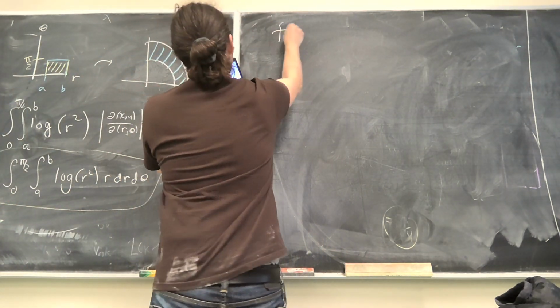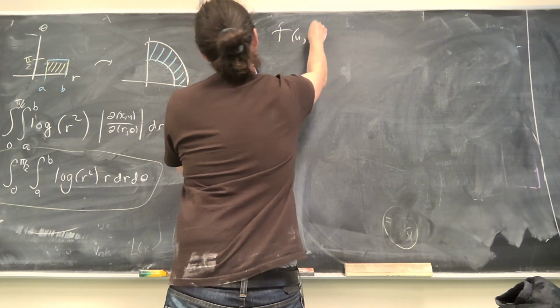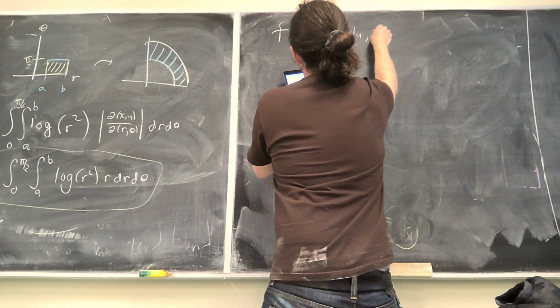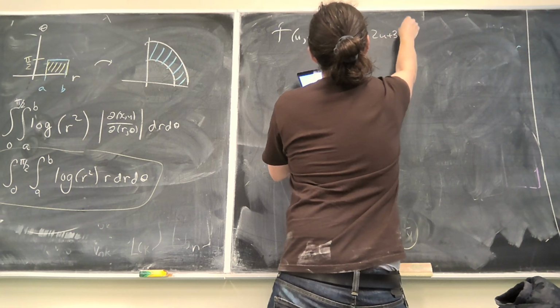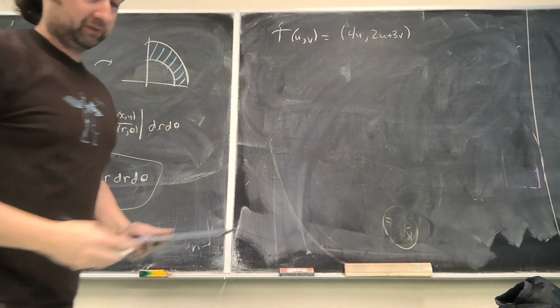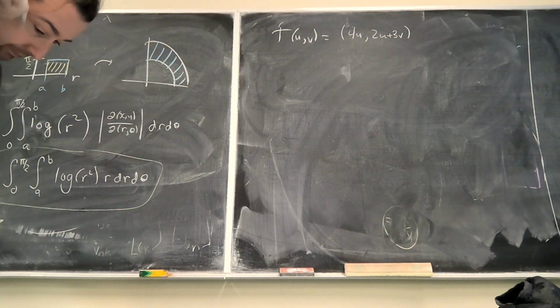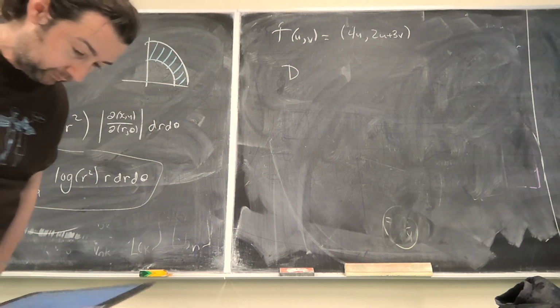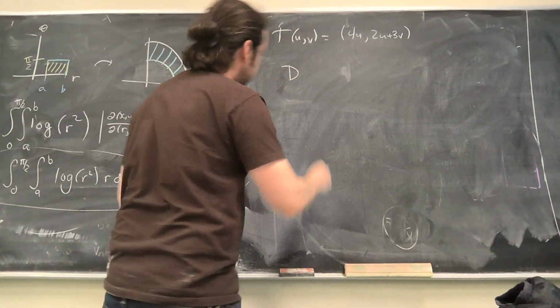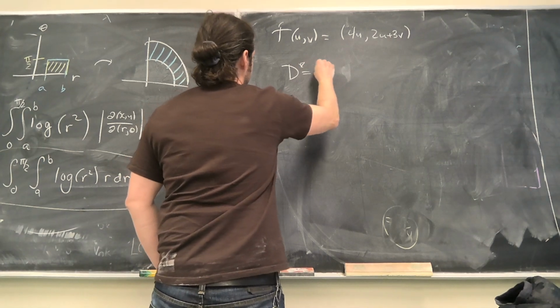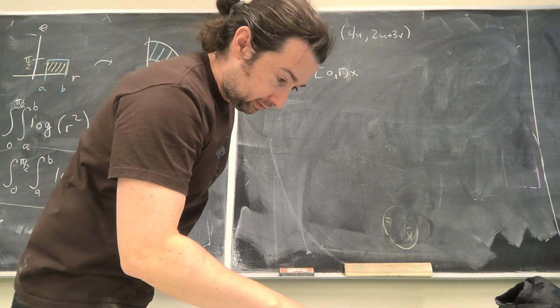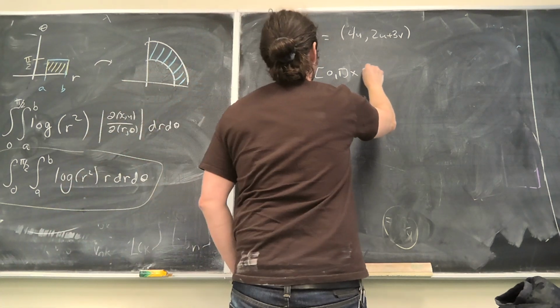Okay, let's do this. T of (u, v) is equal to (4u, 2u plus 3v). There's a transformation, a nice linear transformation. And let's let D star be equal to the rectangle [0, 1] cross [1, 2].